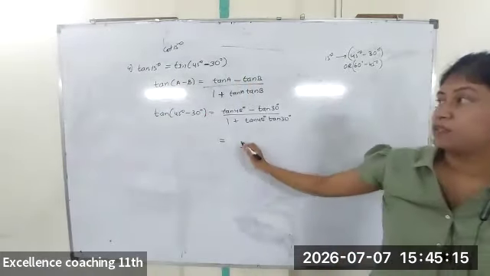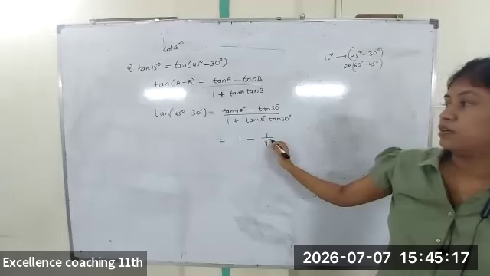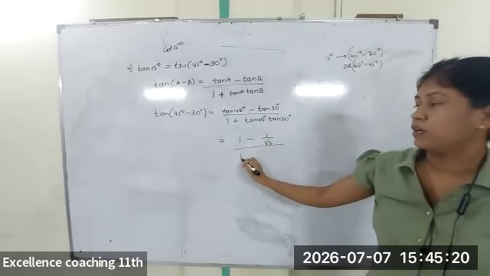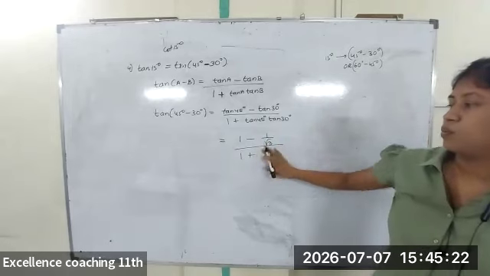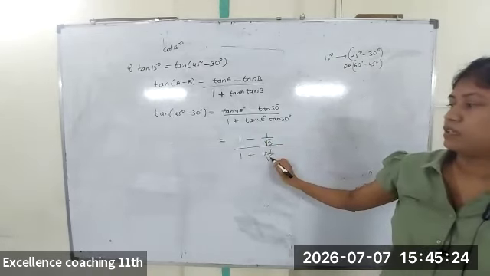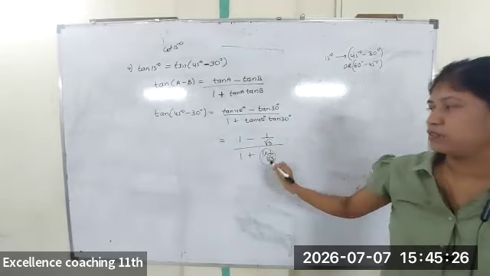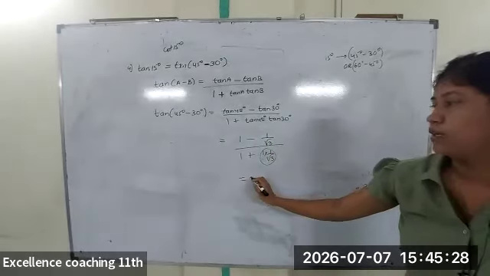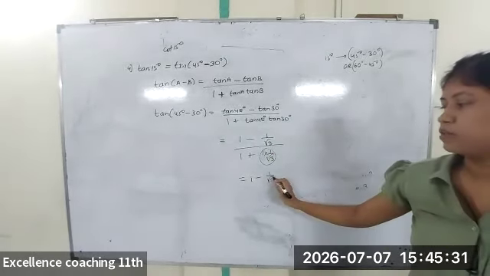Tan 45 is how much? 1. 1 upon root 3. 1 plus 1 into 1 by root 3. So first you have to multiply. 1 into this is anyway 1 minus 1 by root 3.